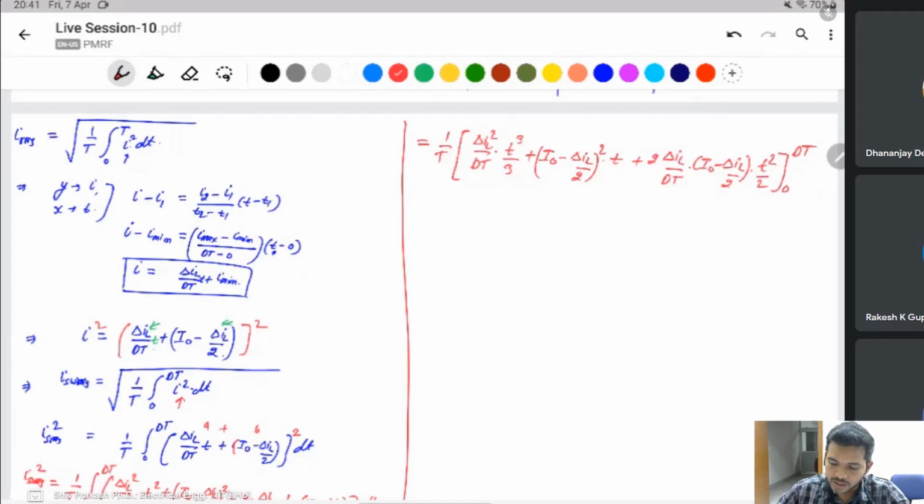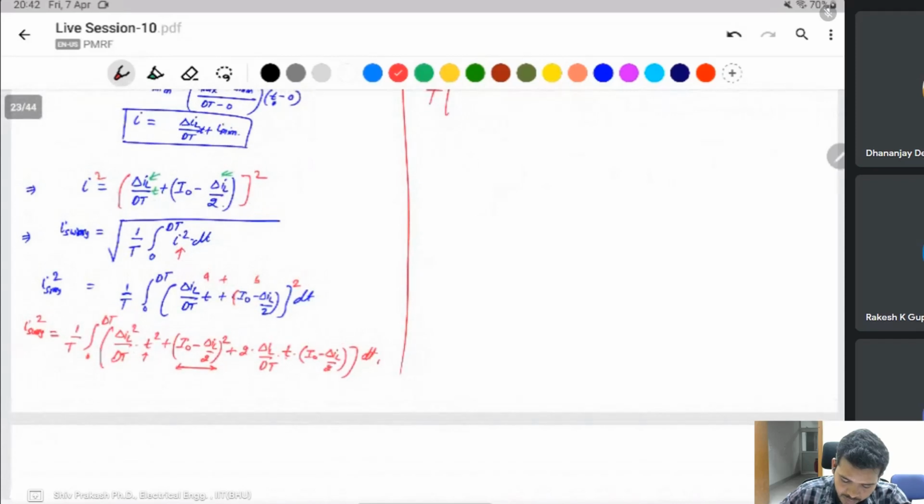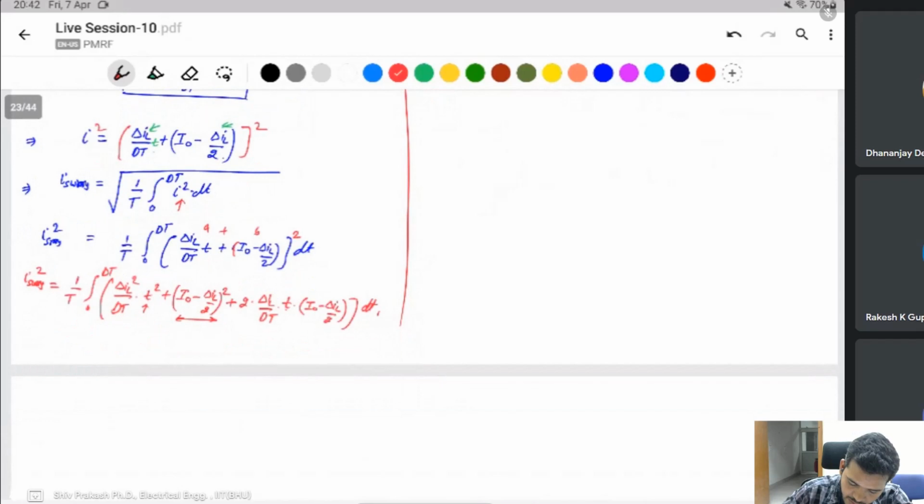That's why I don't take the 0 term, only take the dt term. I placed a mistake here.